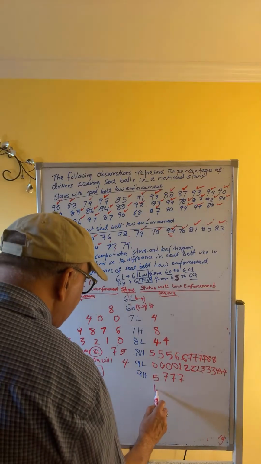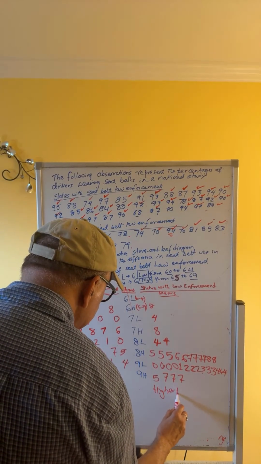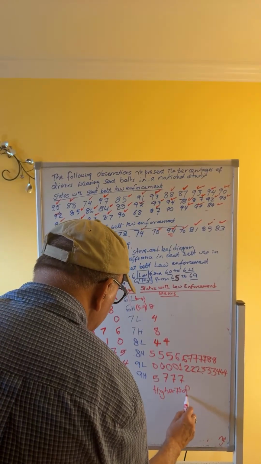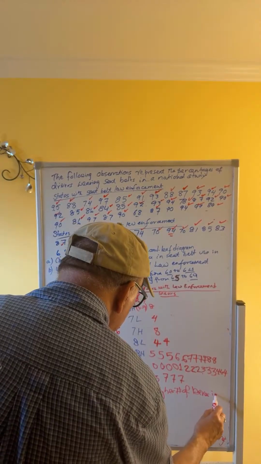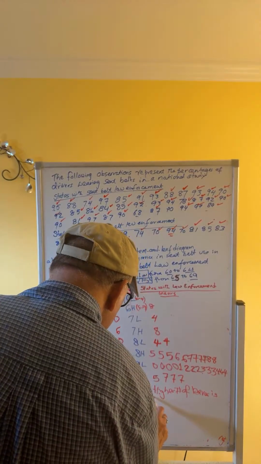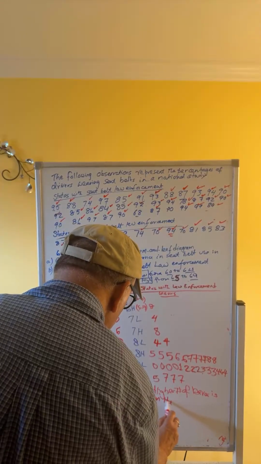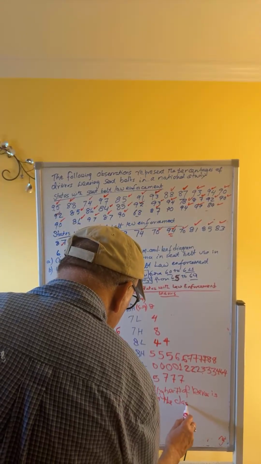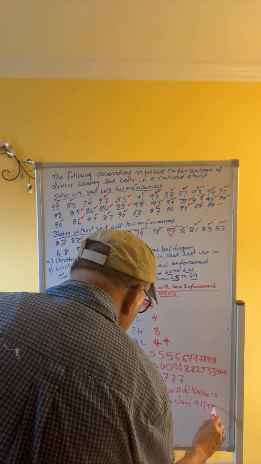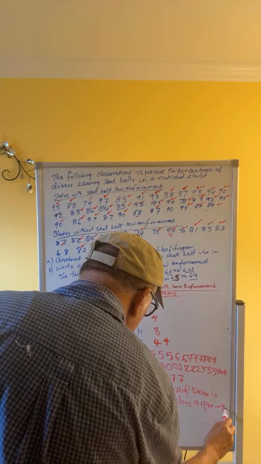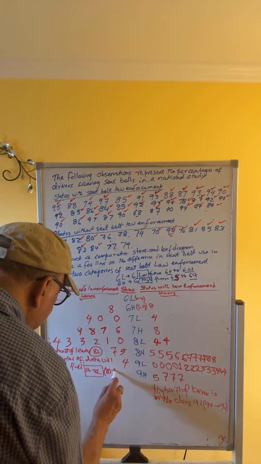So highest number of leaves is in the class 9 low. Remember, 9 low means 90 through 94, and here 8 low means 80 through 84.